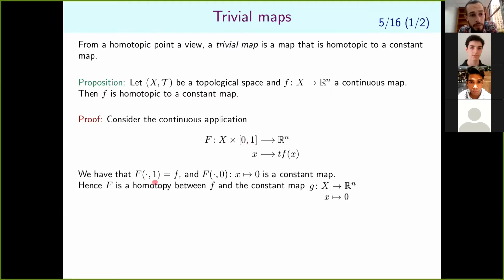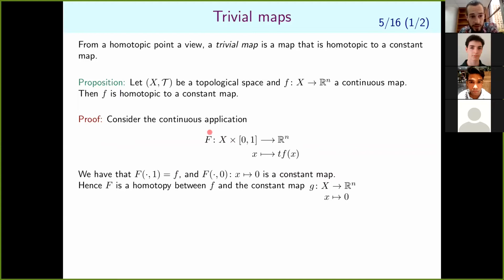So as you can see, if I take t equal to 0, I have 0 times f of x. This is 0. F dot 0 is a constant map equal to 0. Now, if I take t equal to 1, I have 1 times f of x. This is f of x. So f dot 1 is equal to f.